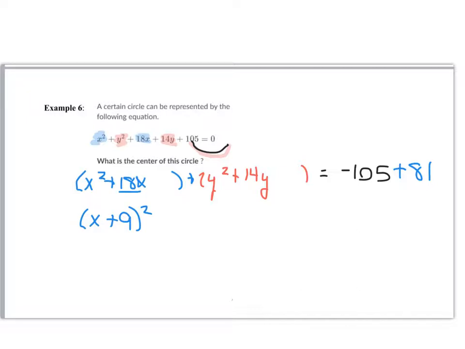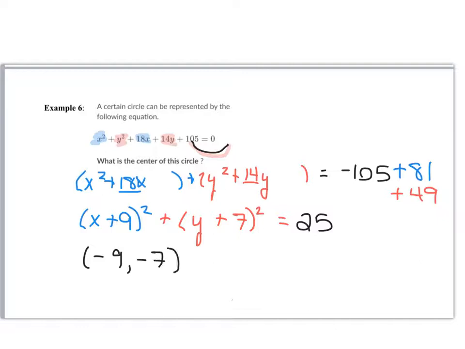Now for the y, half of 14 is 7, and 7 squared is 49. If you add that all up, you would get 25. So the center is -9, -7, and the radius is 5.